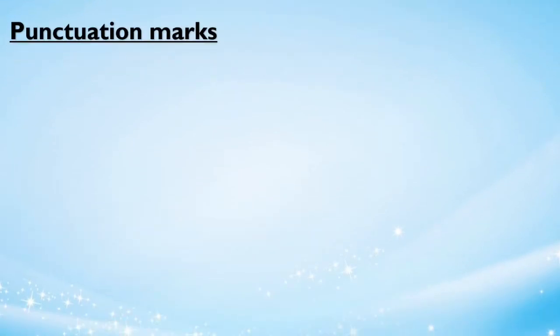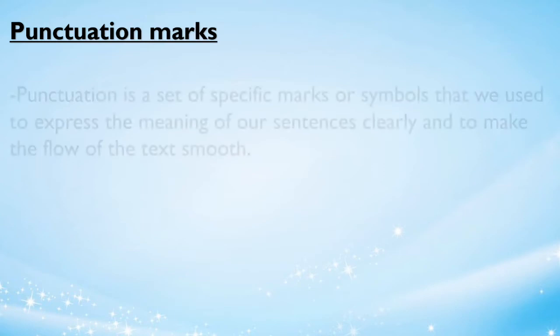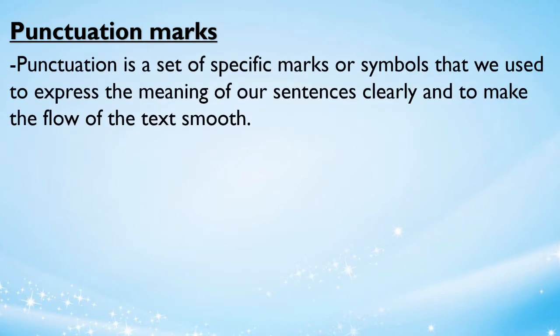Students, do you know what a punctuation mark is? Punctuation is a set of specific marks or symbols that we use to express the meaning of our sentences clearly and to make the flow of the text smooth.